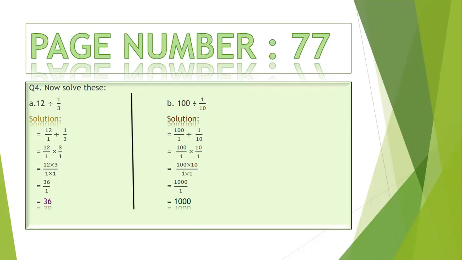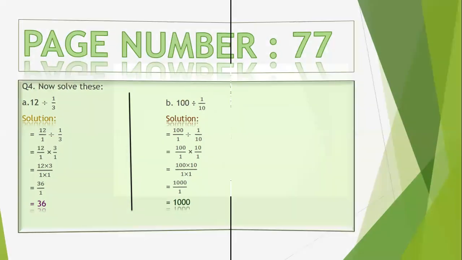Again 100 means 100 over 1. And when we change the division sign into the multiplication, we must take the reciprocal of 1 over 10 which is 10 over 1. Now you have 10 and 100 in the numerator and both 1 are in the denominator. 10 and 100 is 1000.